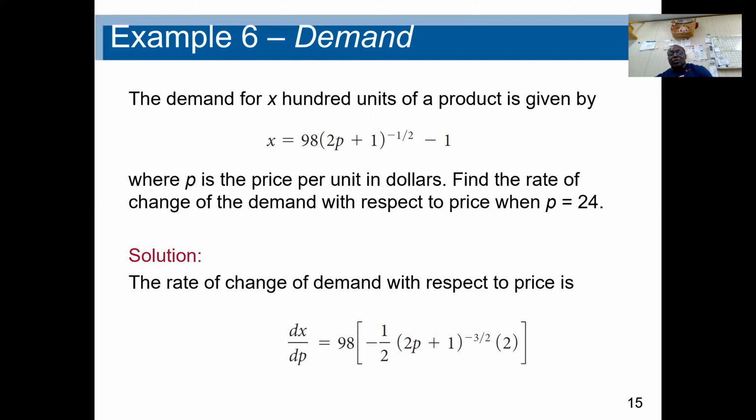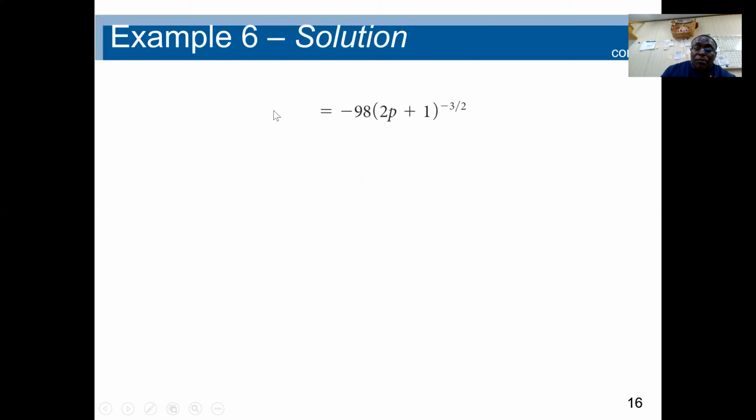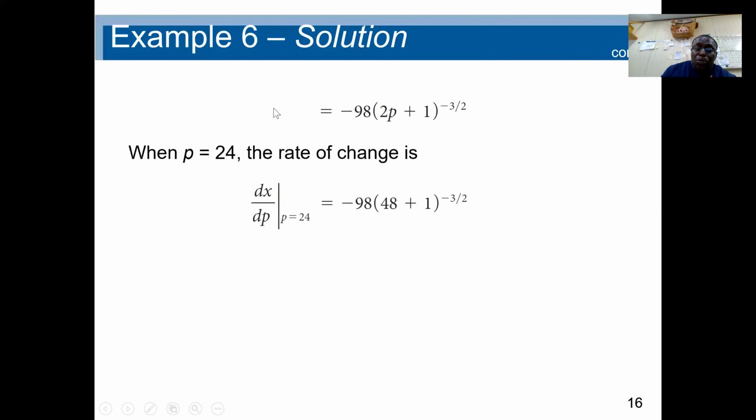So we find dS/dP. 98 is there already. Negative half times (2P plus 1) to the power negative 3/2 times 2. So here we have negative 98 times (2P plus 1) raised to the power negative 3/2.